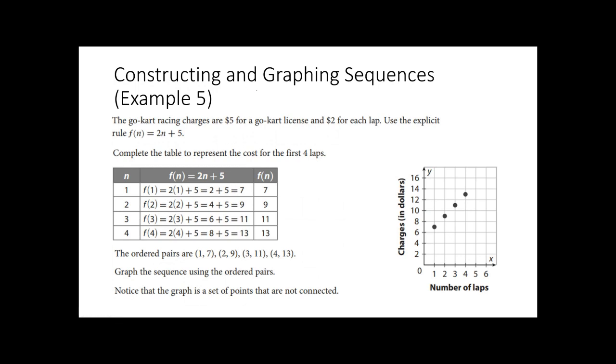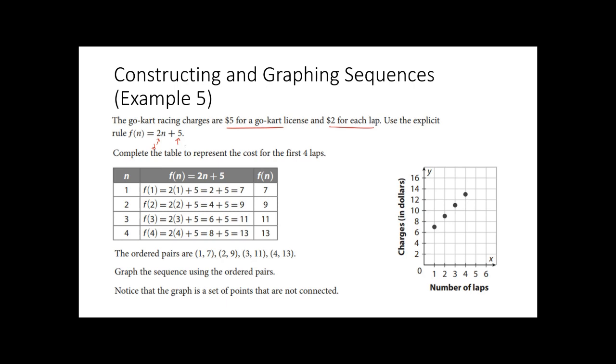All right, constructing and graphing sequences. So if you haven't realized by now, sequences are functions in a manner of speaking. So we were talking about the go-karts, right? And it was $5 for a license and $2 for each lap. We used the explicit rule, okay? So we had a common difference of $2, and we started off with our license, okay?